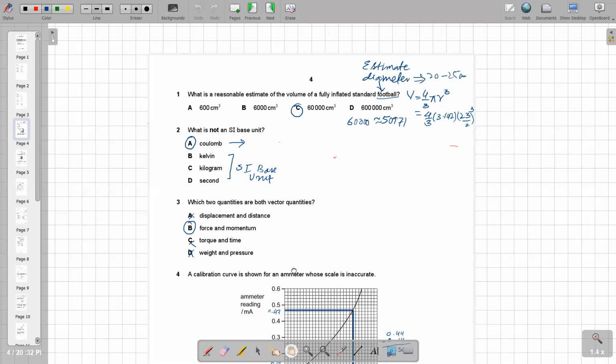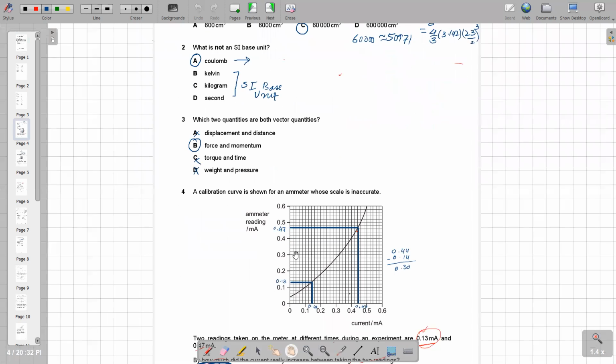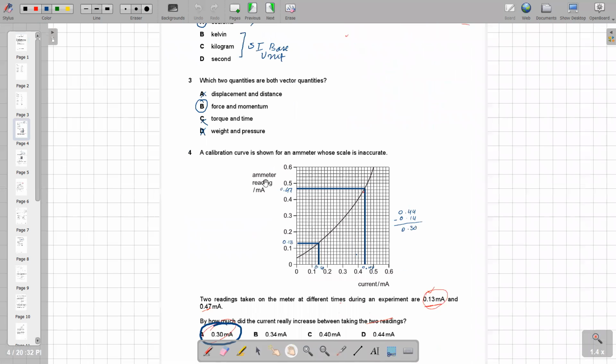The next question, number 4, is about the calibration curve. We have a graph between the real value of the current and the ammeter reading.